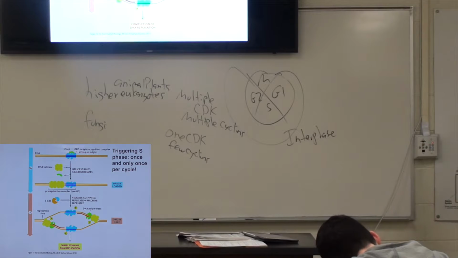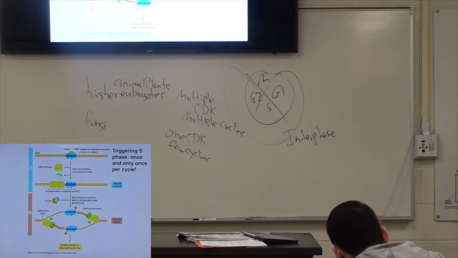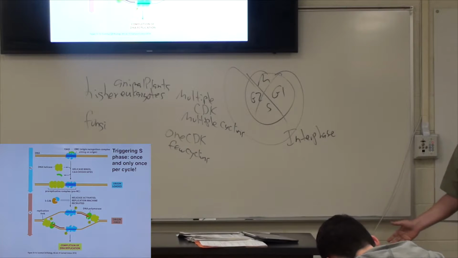And when CDC6 is phosphorylated, it becomes vulnerable to proteases. And again, what are proteases? They degrade proteins. So your CDC6 becomes phosphorylated, that makes it vulnerable to proteases, they degrade it, and then you have no more CDC6.